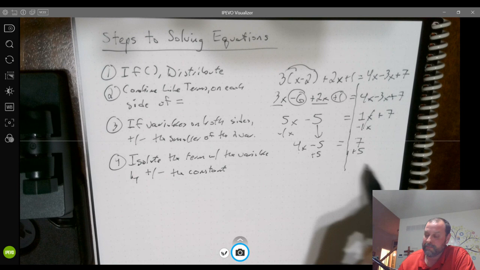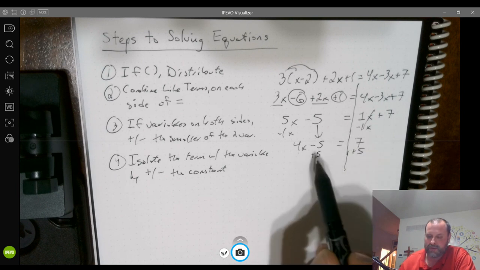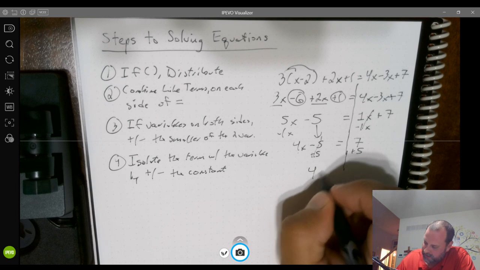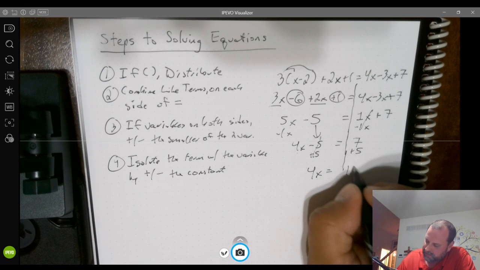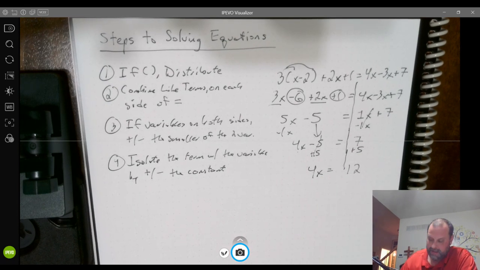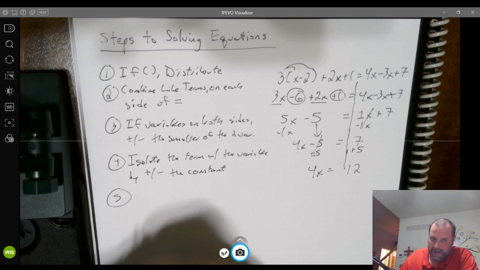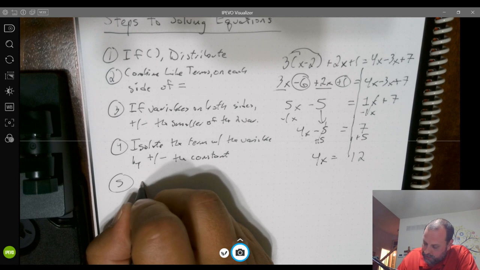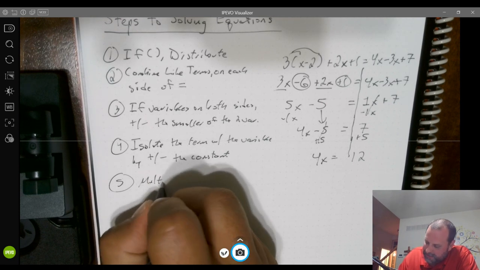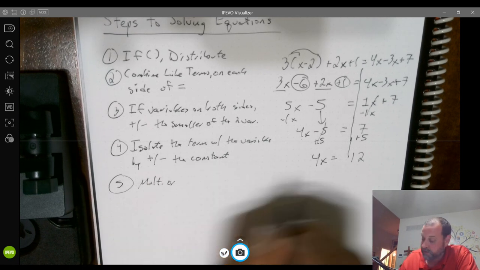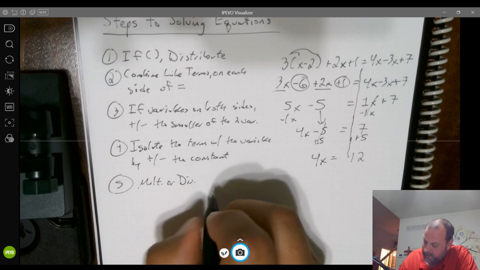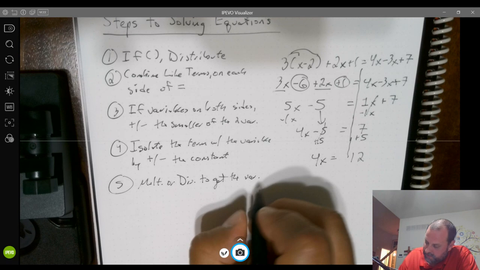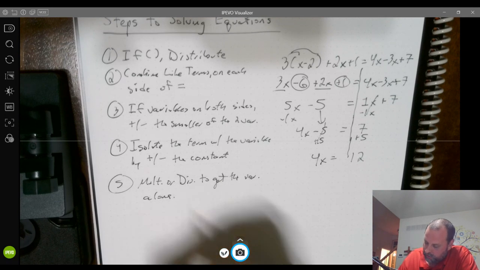So I move that over and I have that barrier. What I do to one side, I do to the other. So here, the 5's cancel out. I get 4x equals 7 plus 5 is 12. Now I want to finish this out. My fifth and final step is I am going to multiply, I'm going to write these out instead of using symbols so we don't confuse it with x, or divide to get the variable alone.